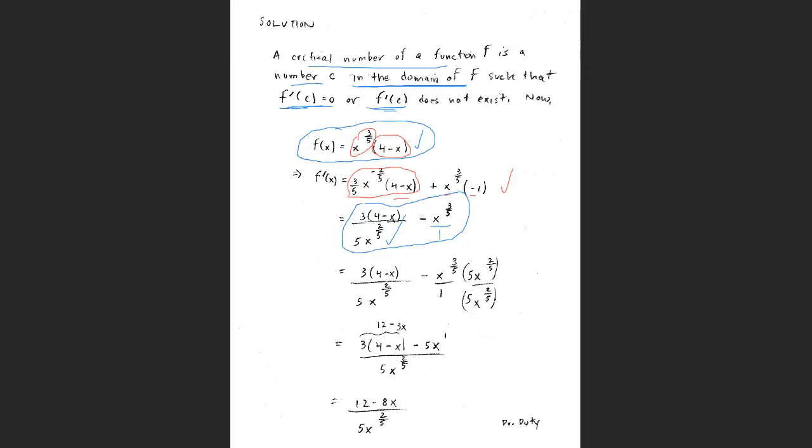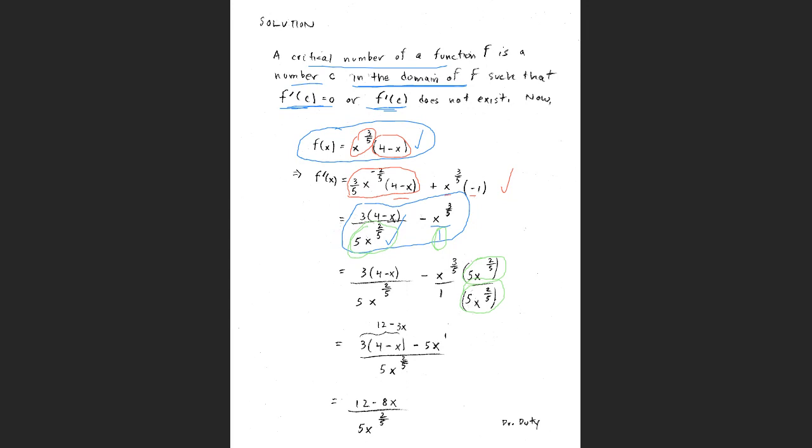If I look at the denominators, the 5x to the 2/5 power and the 1, the least common denominator is 5x to the 2/5 power. So on the right, I'll multiply the numerator and denominator of x to the 3/5 by 5 times x to the 2/5.